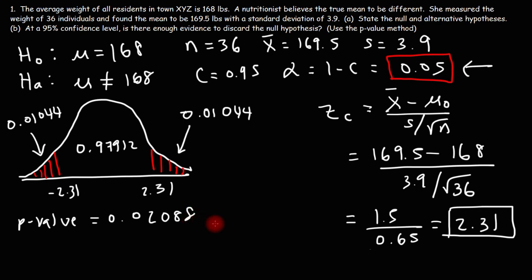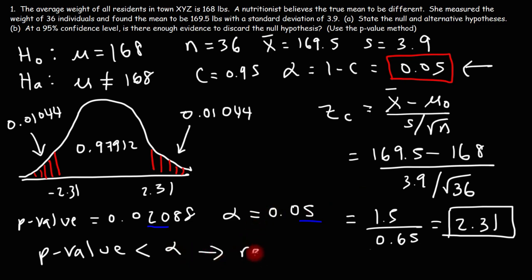Now once you have your p-value, you need to compare it to alpha, which is 0.05. So 0.02 is less than 0.05. So we could say that our p-value is less than alpha. So because that's the case, we need to reject the null hypothesis. And so that's how you can do it using the p-value method.